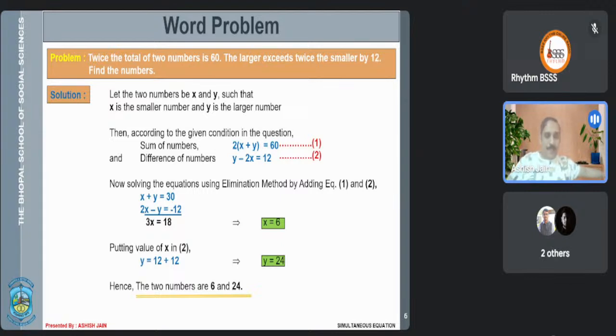One thing, those who have the book, please note down. There is question number 6 of exercise H. The question says that a number consists of two digits whose sum is 6.